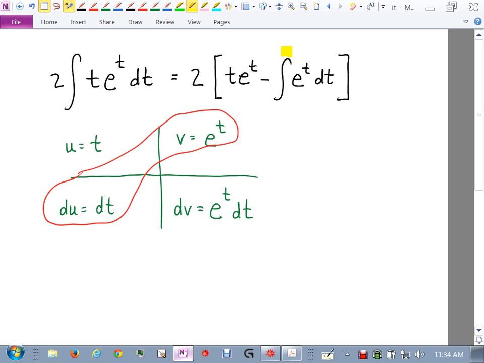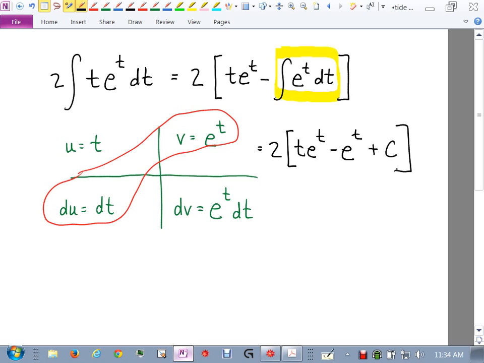Are we going to be able to handle this integral right here? We don't need any technique for that, right? That's just basic, the antiderivative of e to the t is itself, e to the t. So we have 2 bracket t e to the t minus e to the t plus a constant.